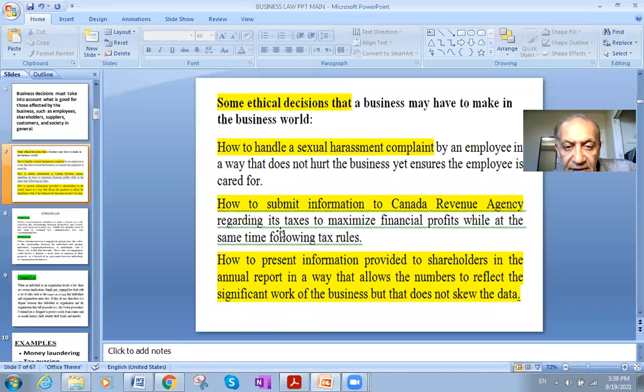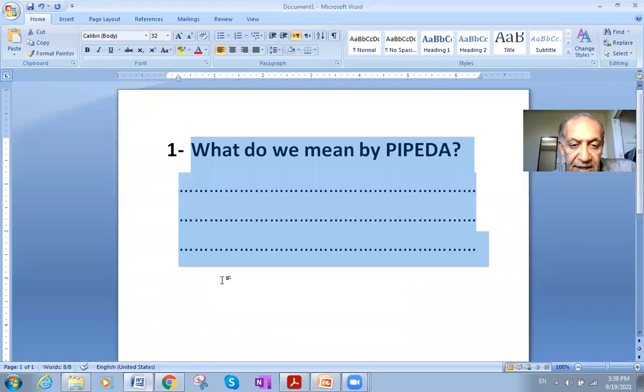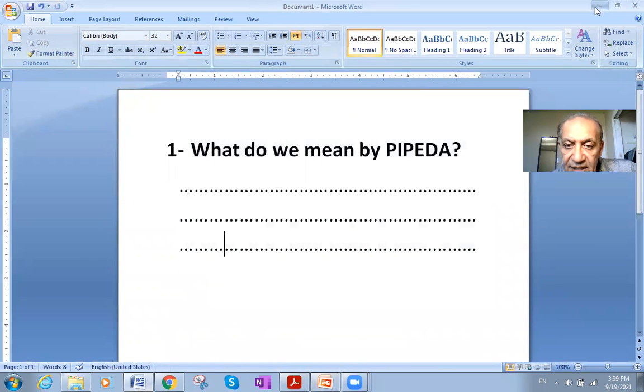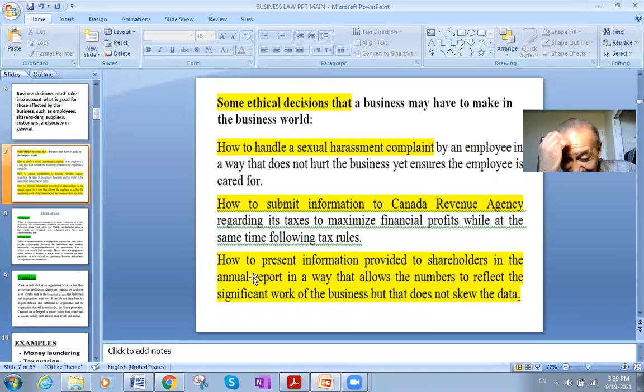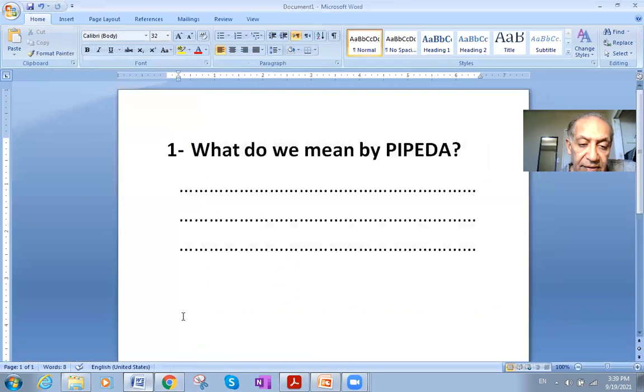Also, we'll have the third question. So I will take here, define the business law and say its importance. Also this question here, number 2.